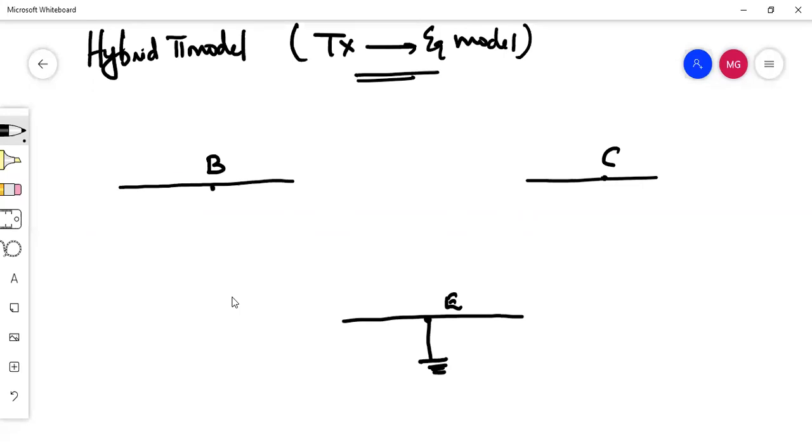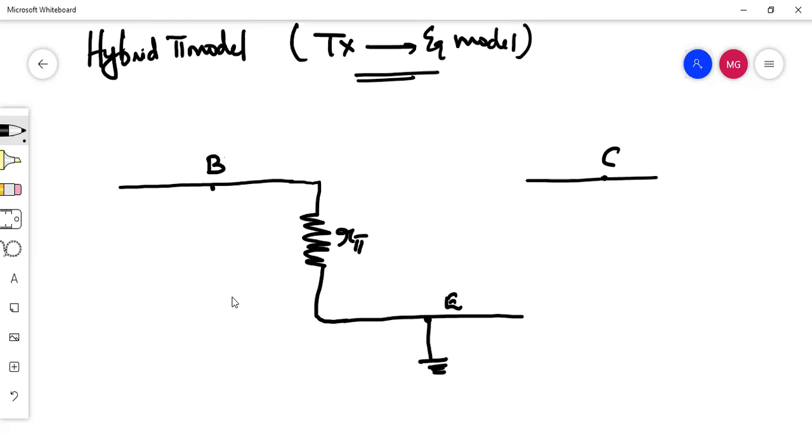So in between this base and emitter, there is a small internal resistor. That internal resistor, what am I calling it? R pi. Please note that this is the internal diagram, not the outside of the transistor, but inside. So inside, between this base and emitter, there is a small internal resistance called R pi.